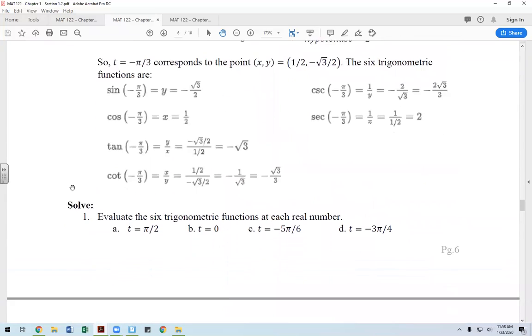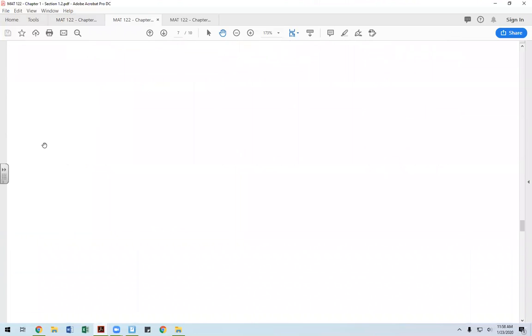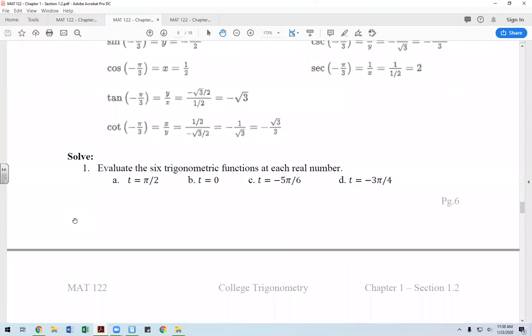So you can kind of look through that, but I would like us to practice. Obviously, I've hopefully given you ample space here to work through these examples. So let's take a look at example 1 here.